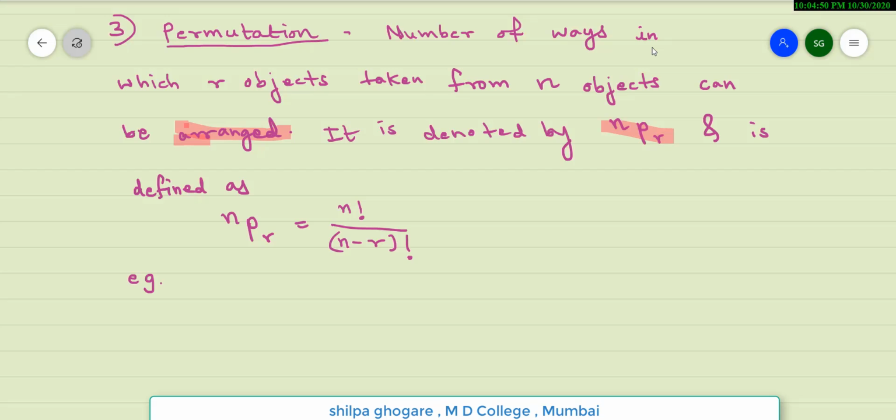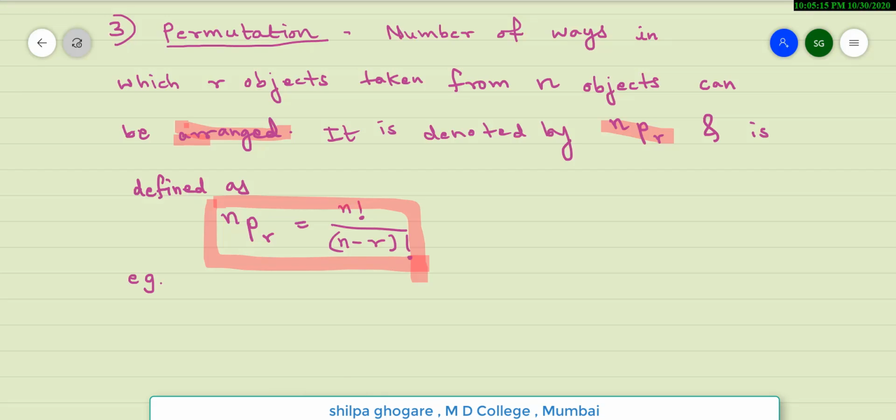It is denoted by nPr. So you have a capital P in between. On the left hand side top you have small n, and on the right hand side bottom you have r, and it is read as nPr, and it is defined as, see the definition is this: nPr is equal to n factorial upon n minus r factorial.